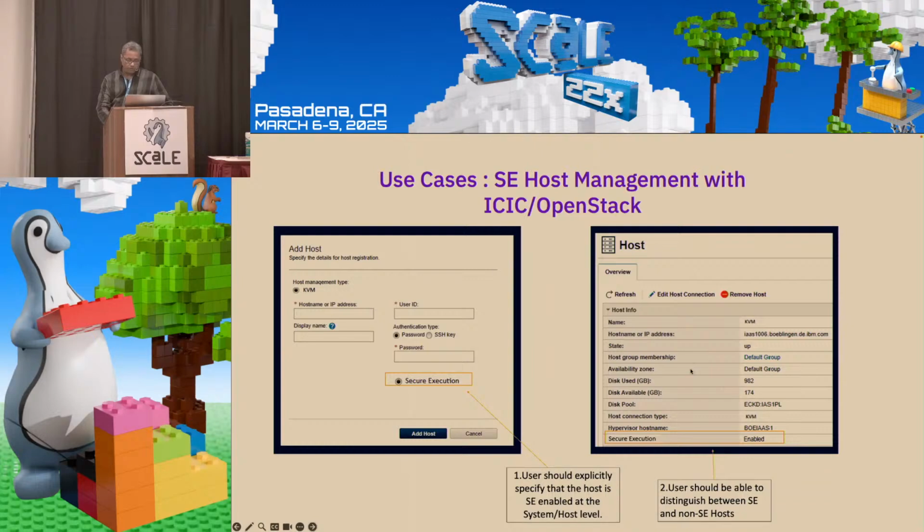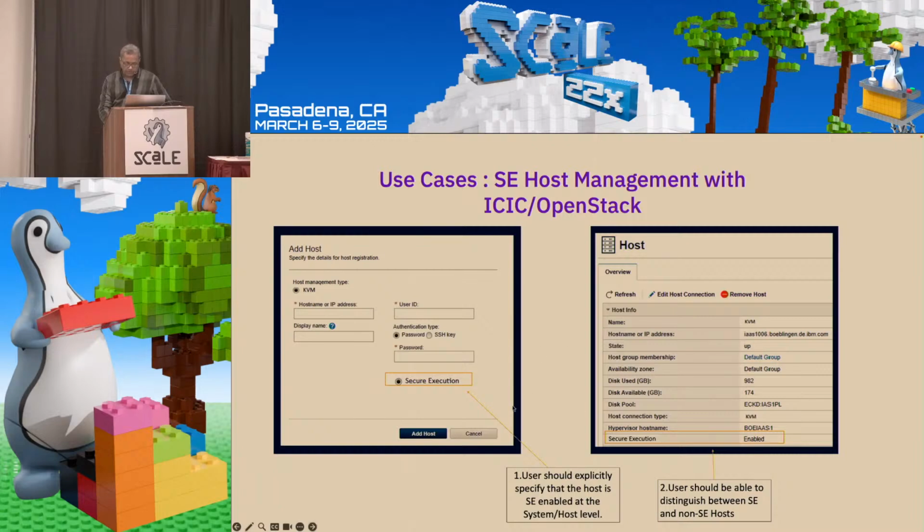So, which means in the UI, I will be taking you through the specific demo here as well. In the UI, I will have an option to select KVM as a hypervisor, and once KVM is selected, there is a check box using which I can specify whether the VM or the KVM host that is getting added requires secure execution capabilities or not.